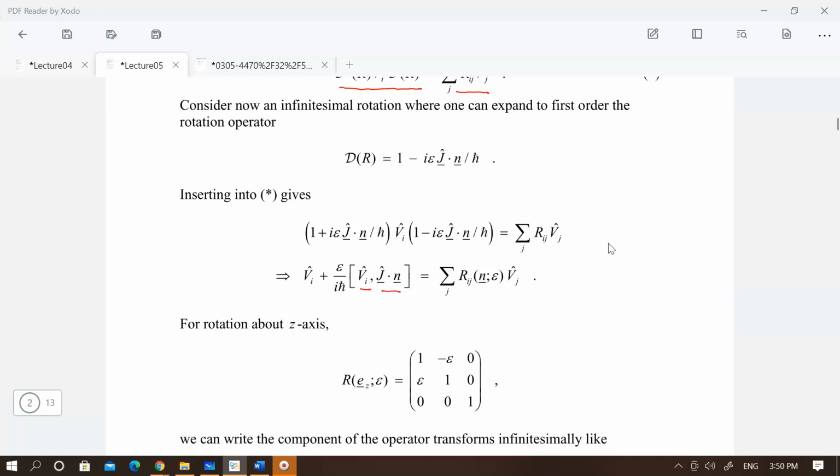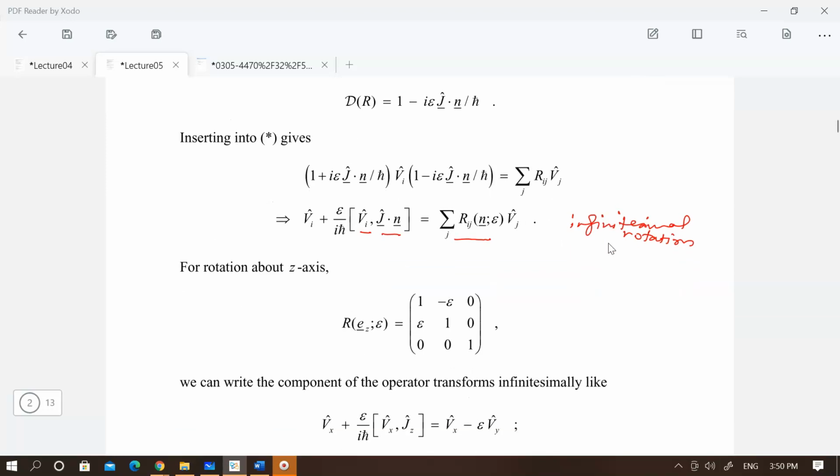Okay, so this is a general equation for infinitesimal rotation. So you can see now that your algebra is coming in. So this you'll see later on corresponds to your rotation algebra, the Lie algebra.